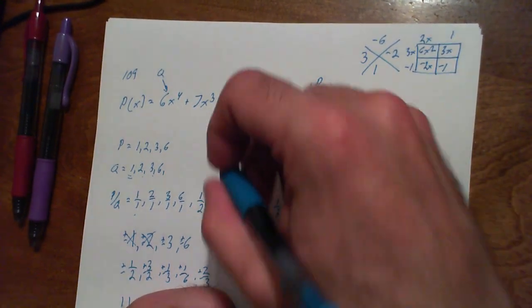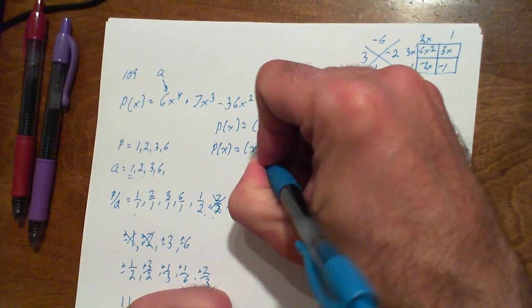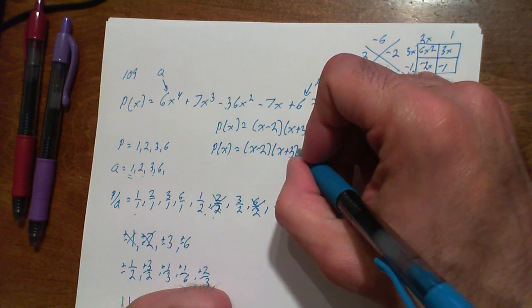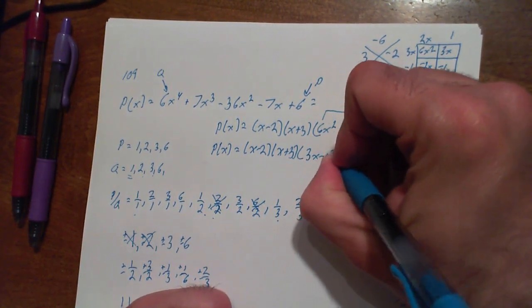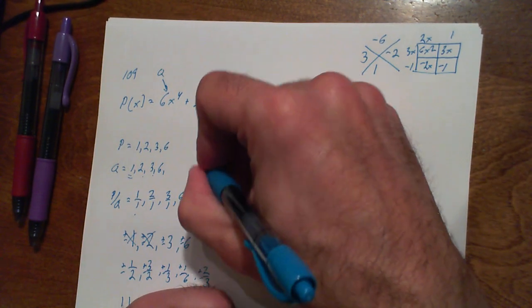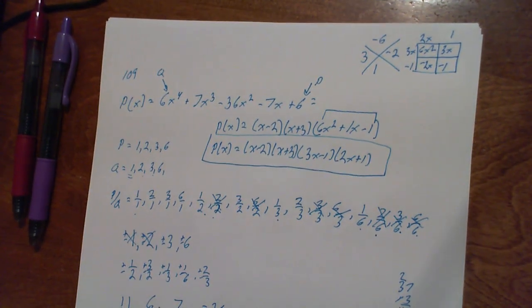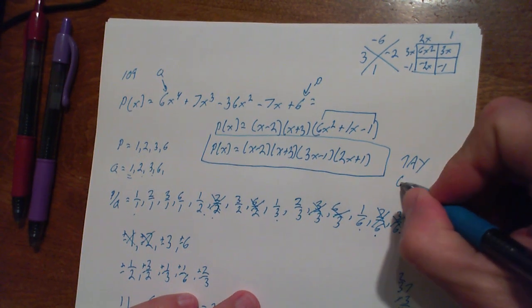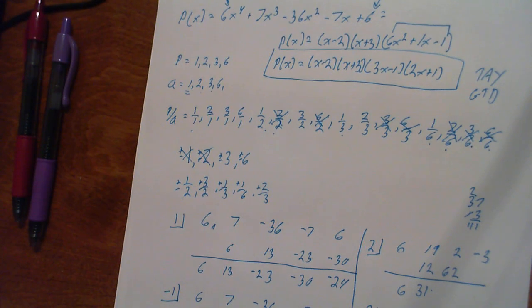So our final answer is p of x equals x minus 2 times x plus 3 times 3x minus 1 times 2x plus 1. Look at that.